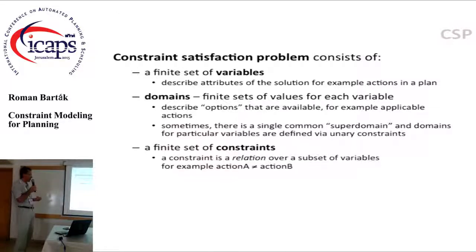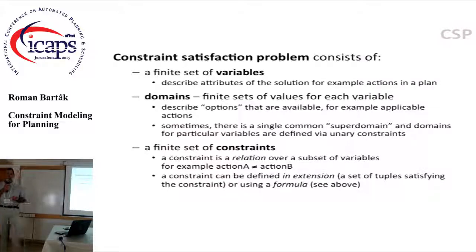And finally, we have the constraints, a finite set of constraints, and a constraint is any relation. That's what makes it different from Boolean satisfiability, where constraints are clauses. So we can use any relation in CSP, like action A is different from action B, a set of variables should be different, and so on.